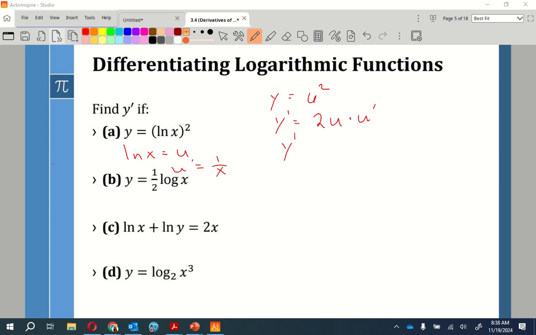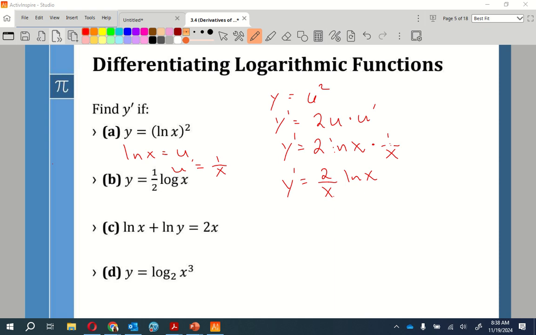So y prime is going to be 2 ln of x over x. You guys okay with that?